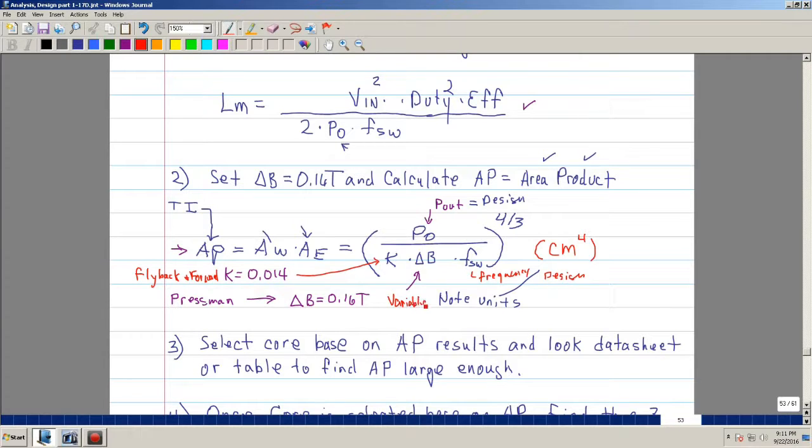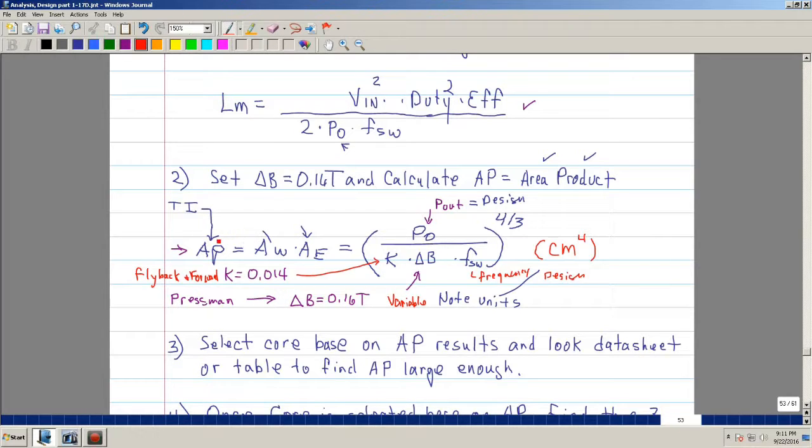In reality, the only variable that you have a little bit of control over and that you choose is your delta B, which is your flux. I'm going to change the labeling a little bit.